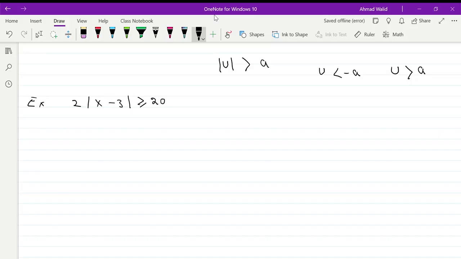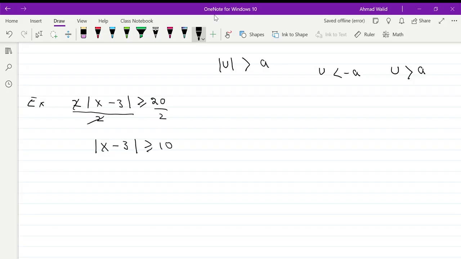You see a number outside of the absolute value? If you focus on your lectures, when I explained how to solve an absolute value equation, I told you, first remove the numbers around the absolute value, then remove the absolute value sign. It means first divide by 2 on both sides, like this. Keep the absolute value sign, x minus 3 greater than or equal to 10.